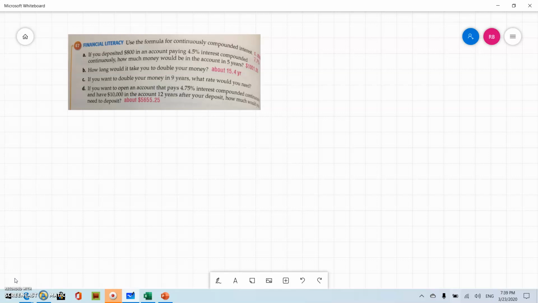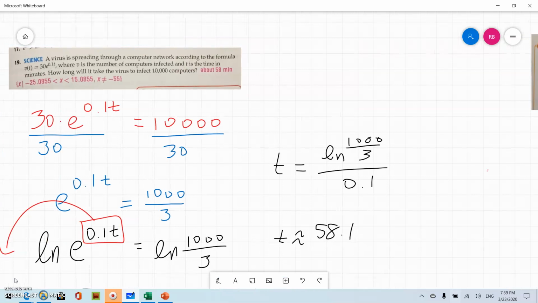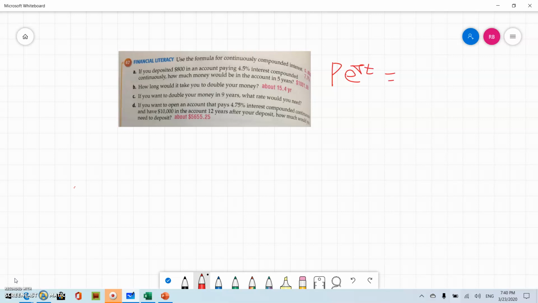It says use a formula for continuously compounded interest. So if you don't remember the formula, it was the part. Sorry.